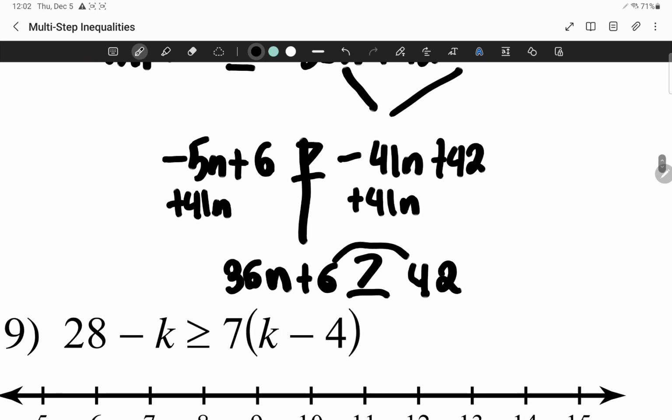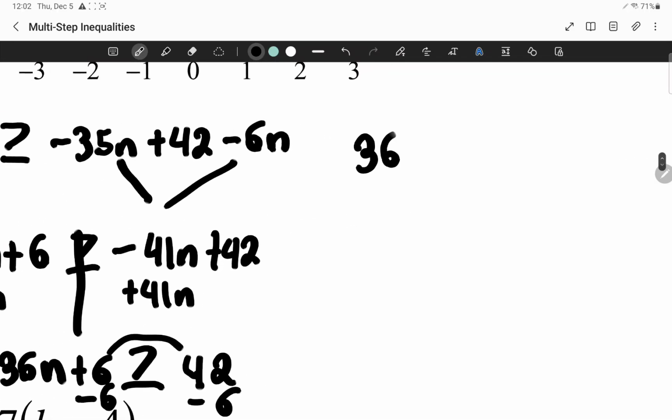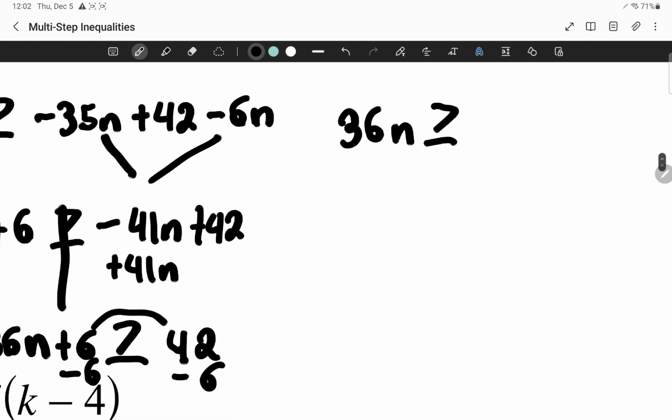I move the 6, so that's going to be a -6, -6, and now we can go ahead and simplify. So we're going to have 36n, and we still have the same inequality because we haven't divided by a negative, so it's greater than or equal to 42 minus 6, which is 36.